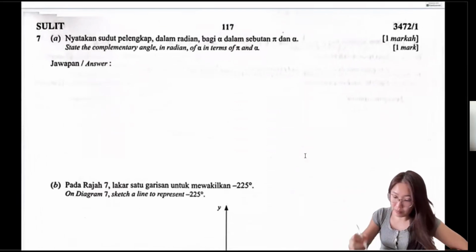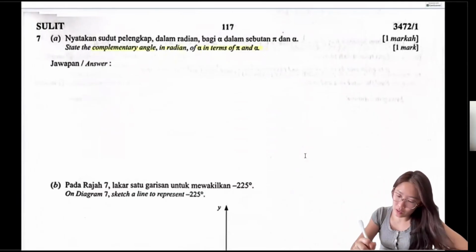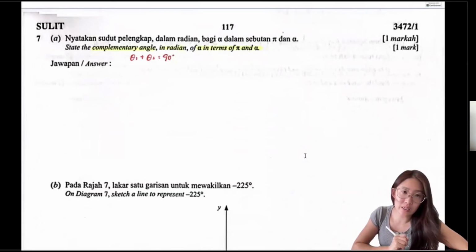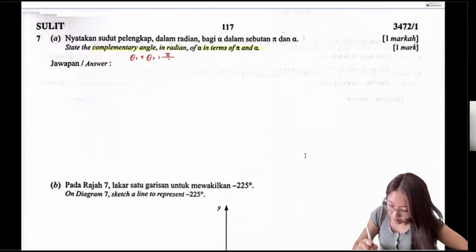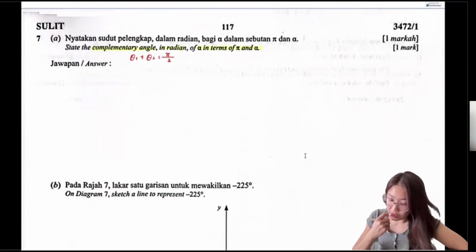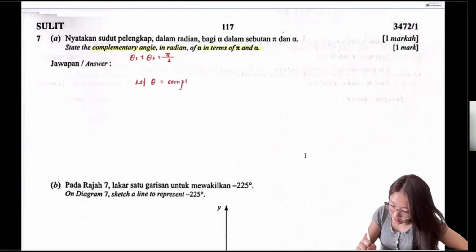State the complementary angle in radians of alpha in terms of pi and alpha. Okay, guys, complementary is the keyword over here. Complementary angle means 2 angles add up giving you a sum of 90 degrees. 90 degrees means pi over 2 in radians. So I write here, let theta equal the complementary angle.